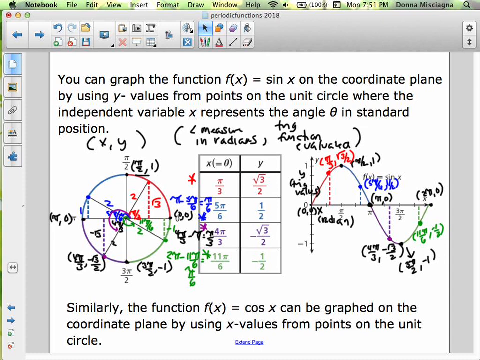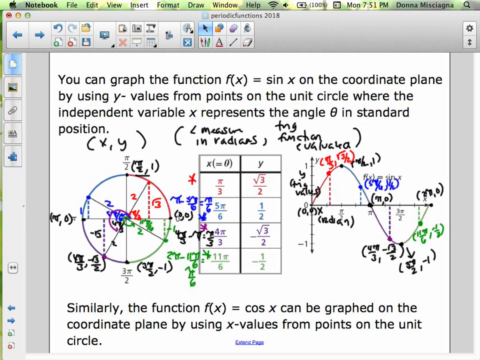But I want you to know that every single point on that circle is represented on the graph, the ones that come from special right triangles that we could easily find the values for, and even the ones that would be hard to find the values for. But it's a smooth curve, and so once we've got a few key points, we know how to draw our graph.